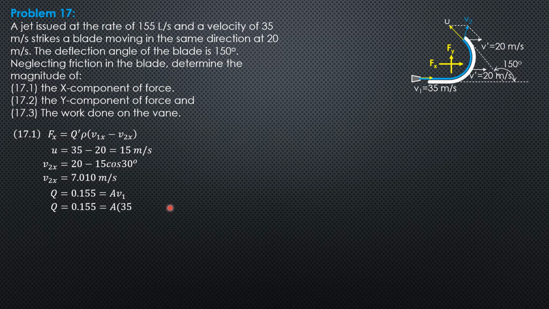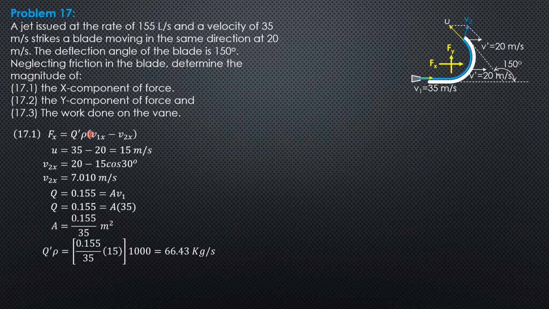Therefore, area is equal to 0.155 over 35 square meter. So we can now evaluate Q prime times density. So Q prime times density is area 0.155 over 35, then U 15. So this is Q prime, then density 1000. So 66.43 kilogram per second.